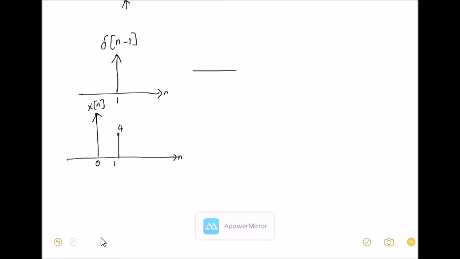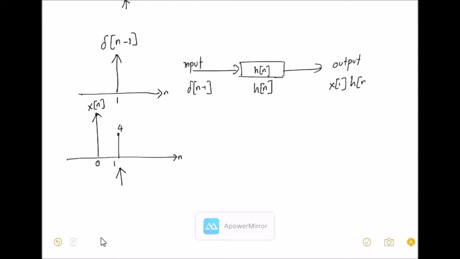If you illustrate it in a block diagram, it will be like this. This is the input, this is the system, and this is the output. The input is delta[n minus 1], the system is h[n], and then the output is x1 at location 1, h[n minus 1]. So x1, the value is 4, times h[n minus 1].